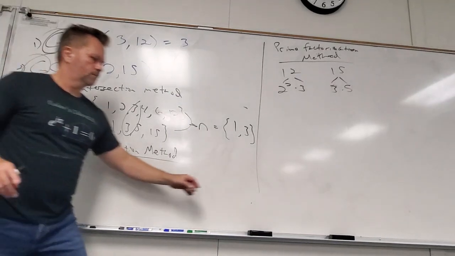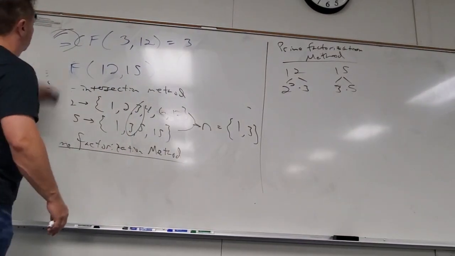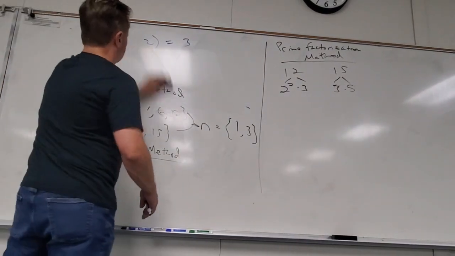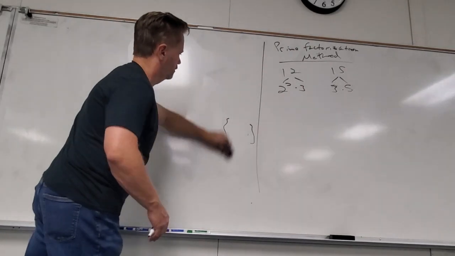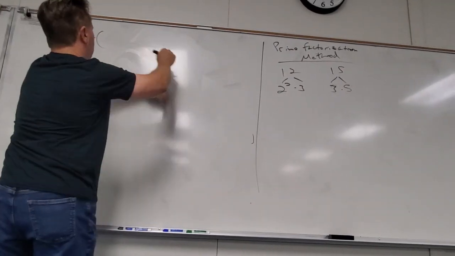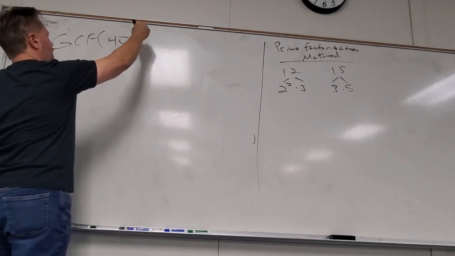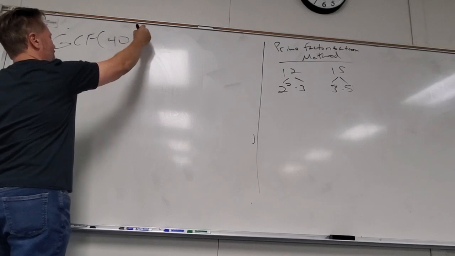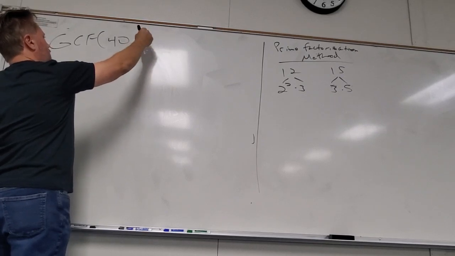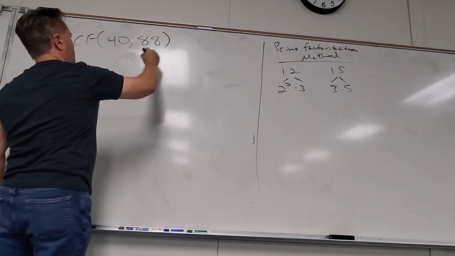So let me do this. Let's take some slightly bigger numbers. So what if I wanted the GCF of 40 and 88?